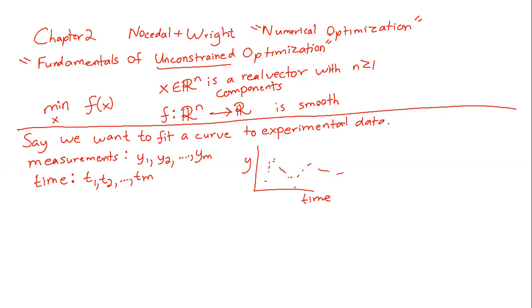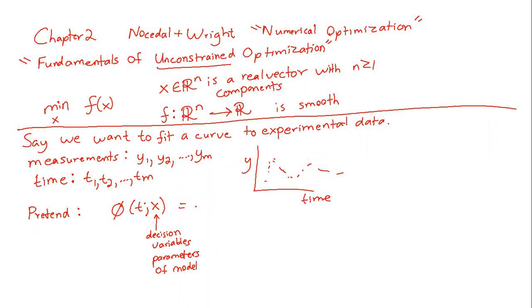Pretend that someone already said, I think a good function for fitting this data might look something like this. It might be some function of t and then some parameters x. These are our decision variables. We don't know these. These are parameters of the model, and this is what we want to fit.